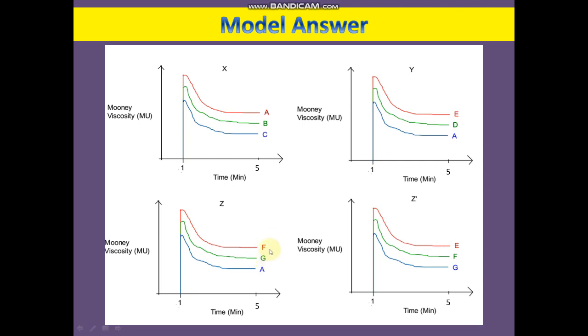Since the G contains a high amount of oil, it should show lower Mooney viscosity value compared to F. So we can see it here, and the F contains less processing oil, so the Mooney viscosity of compound F should be high compared to the compound G. The same pattern can be seen for the initial torque of these three Mooney viscosity curves.